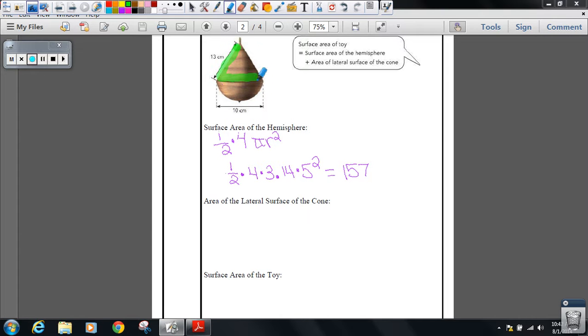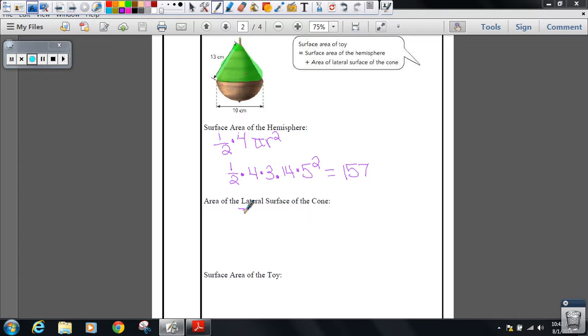So now we're going to be looking at the cone part. So here's your cone again. And the area of the lateral surface of the cone, because if we're talking about surface area, we don't want the part where those two shapes are meeting, because that's not the outside surface area. So we only want the curved surface of this cone part.